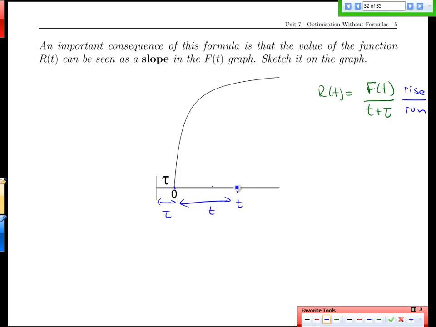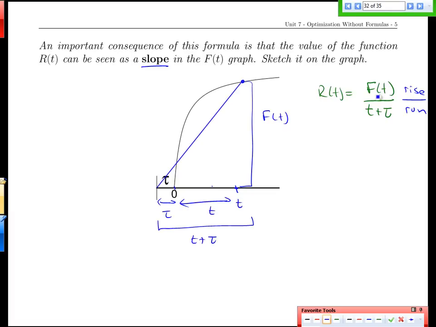Then going from 0 up to F of t, that's there, and we divide by the run t plus tau, we're going to get the straight line joining here to here. This is F of t, this interval here is t plus tau, and so R of t is represented by the slope of this line that we just drew.